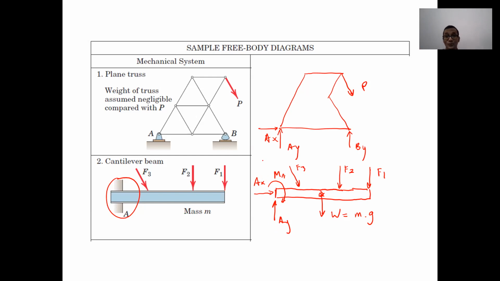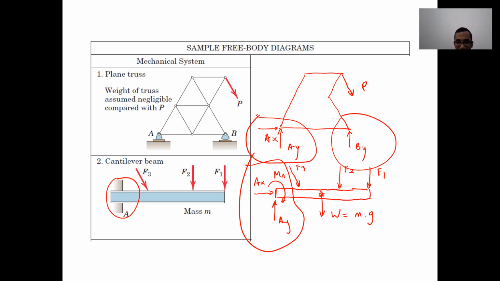Basically, what you're supposed to do is just to memorize it. Fixed support, the reaction will be like this because it restricts those three movements. Pin support, the reaction will be like this. Roller support, the reaction will be like that. Most of the time we will only use these three supports plus rough surface and smooth surface.